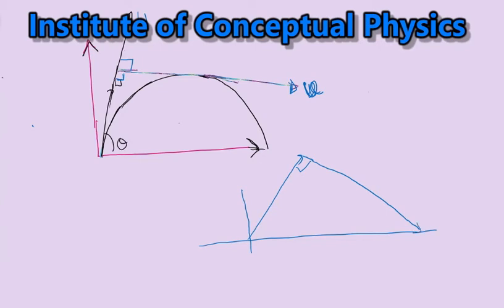Okay, so this is 90 degree, this is theta. So obviously, as per the triangle, this vector essentially is 90 minus theta. Okay, so if I draw a line here, I know this vector is going like this, and this is 90 minus theta.